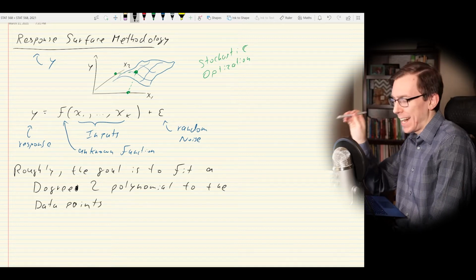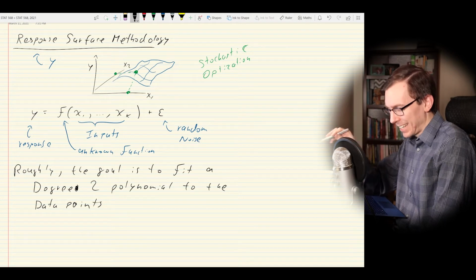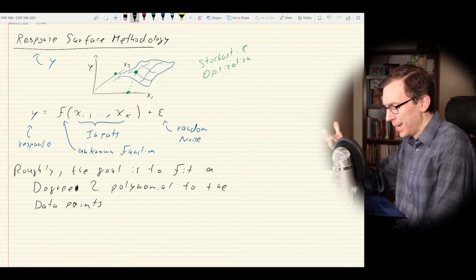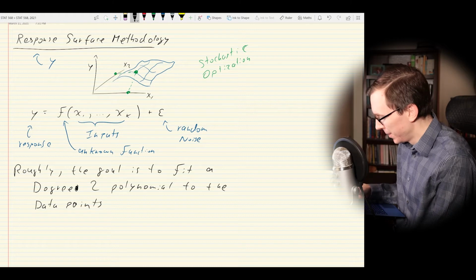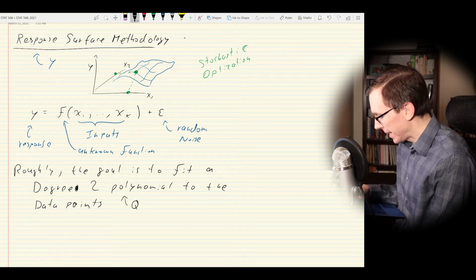There's two problems. One is how to pick your data points, and then how to analyze them. Well, this is kind of the how to analyze them. What we want is a degree 2 polynomial, which is a quadratic surface.